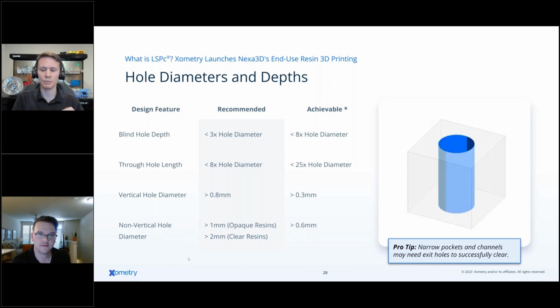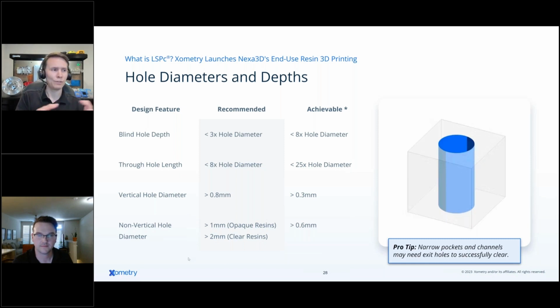But just understand some of those rules apply for that aspect ratio. On the non-vertical holes, you want to be a little bit more broad. That's anything that's going to be growing on the side of your parts. So side features, make them a little bit larger.